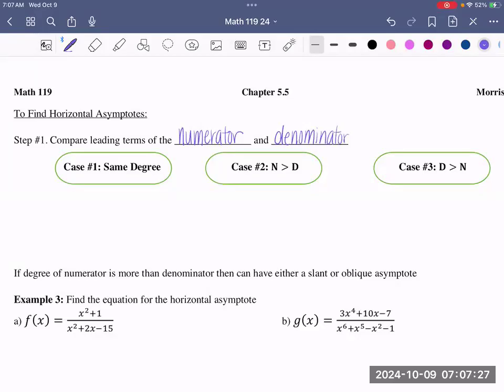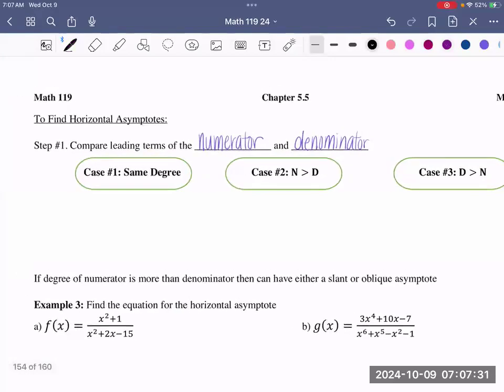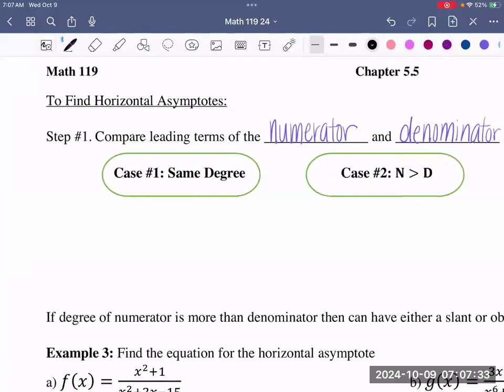Now there are three cases that could happen. One case is that of your degree. So I'll set up just what we normally have. P of x over q of x, again these being polynomials, is equal to ax to the n over bx to the m, and let's say these continue.